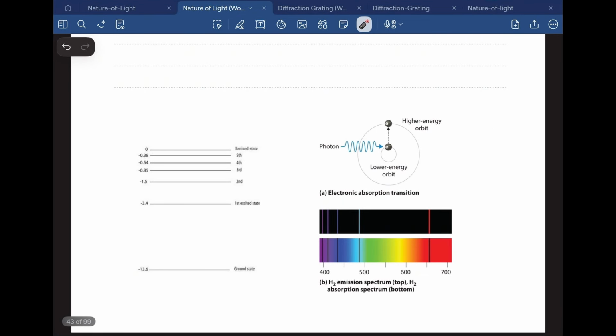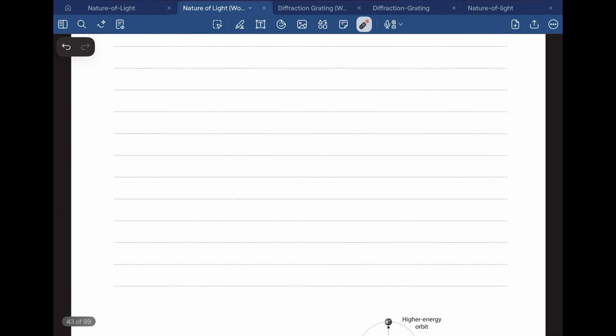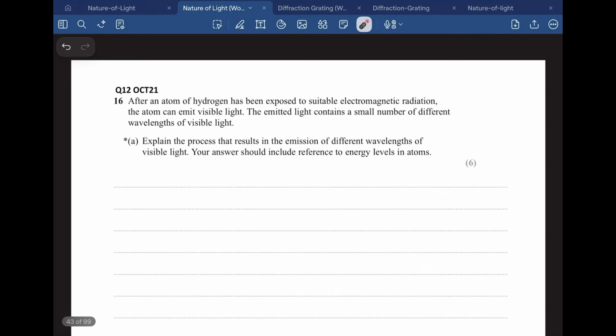It basically emits the photon that it had absorbed. That photon will have a wavelength in the visible region of the spectrum. The emitted light contains a small number of different wavelengths of visible light. So the different types of photons it emits will have different wavelengths, but all of them will be in the visible light.